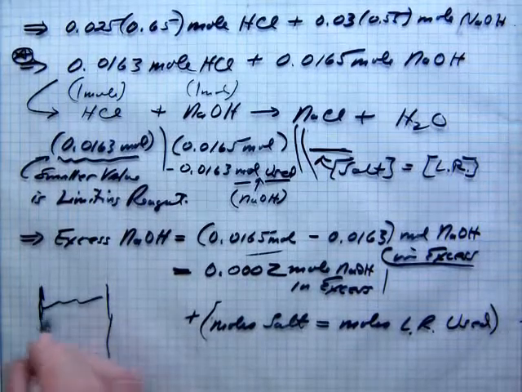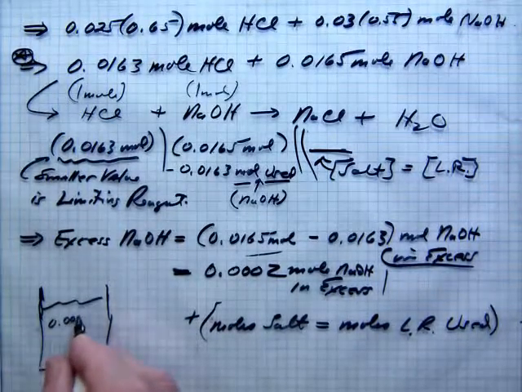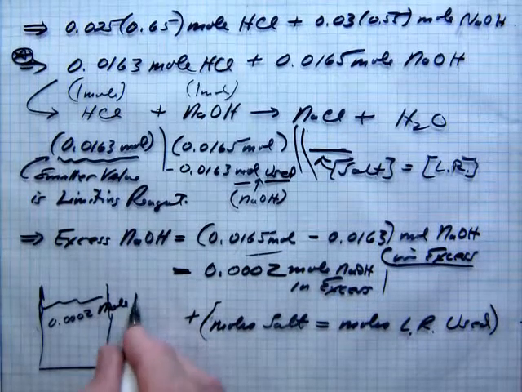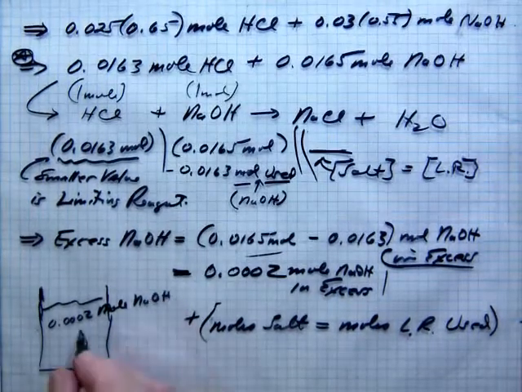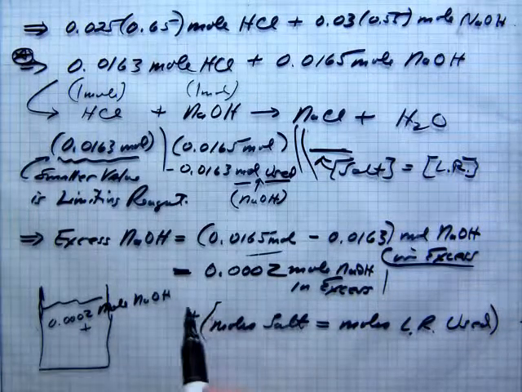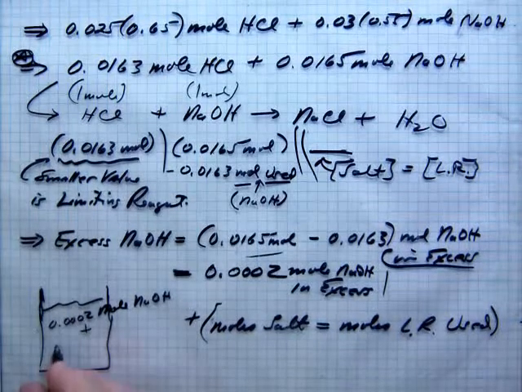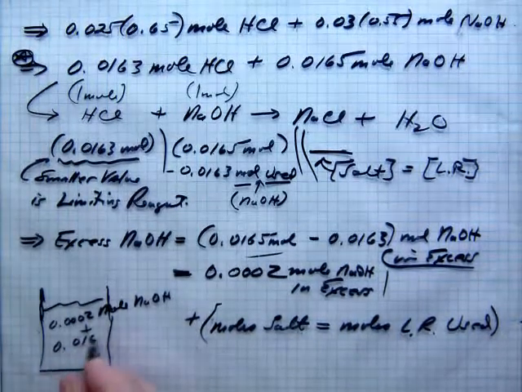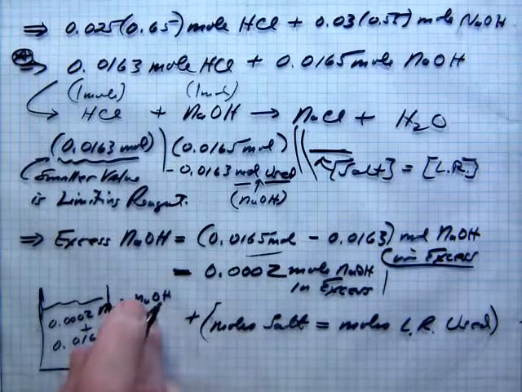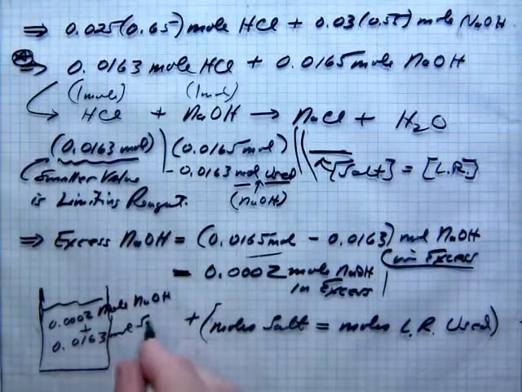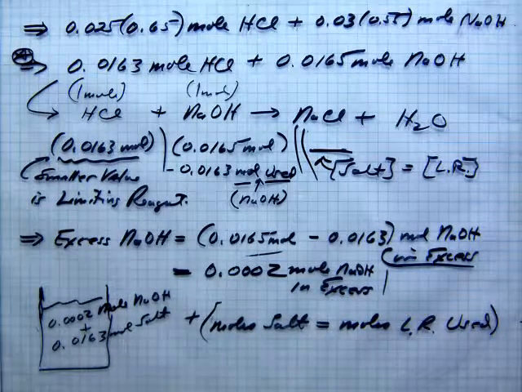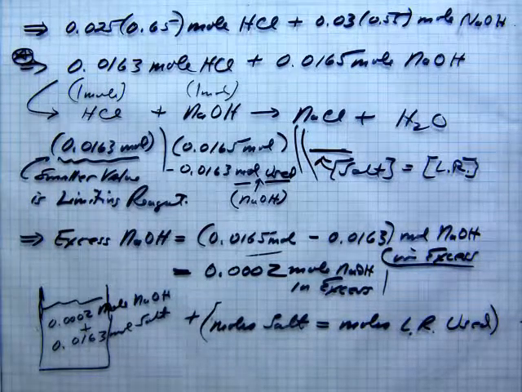You have 0.0002 excess mole NaOH plus the amount of moles used, 0.0163 mole salt, because it's the same as the limiting reagent. Always, same as the limiting reagent.